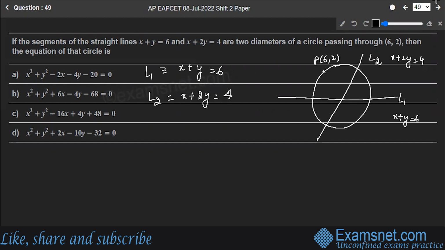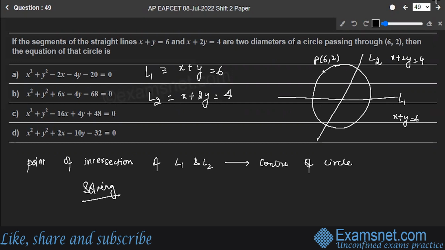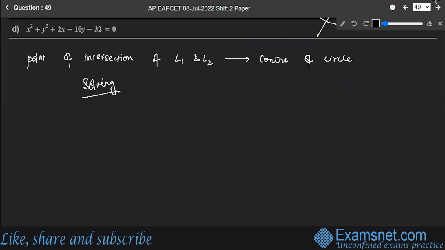So first of all, the point of intersection of L1 and L2 is nothing but the center of the circle, right? Now let's solve them. Solving both of them, we will get the center of the circle. So first one was x plus y is equal to 6.